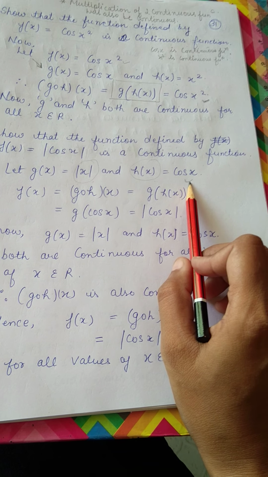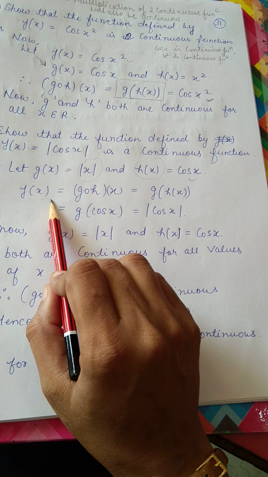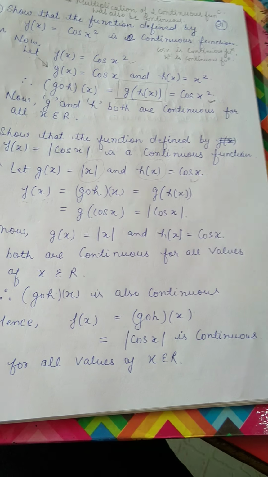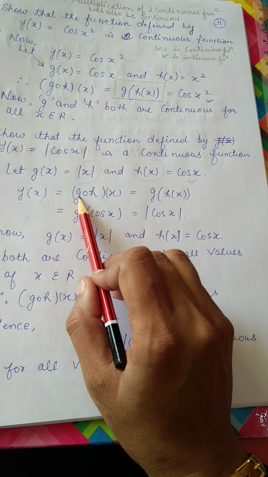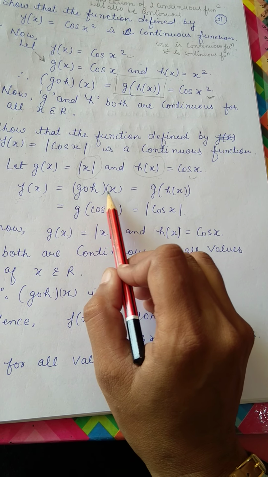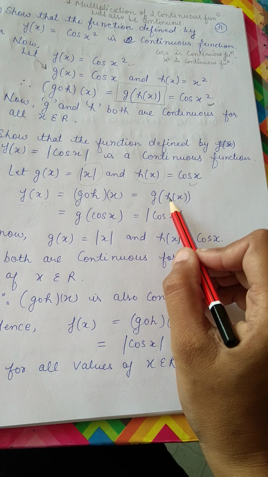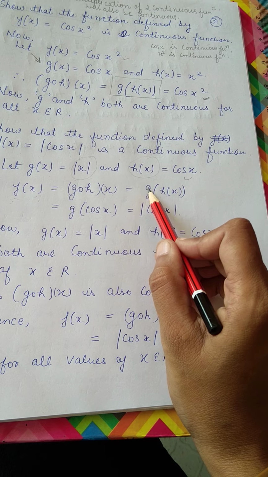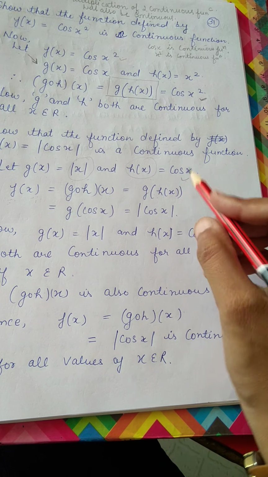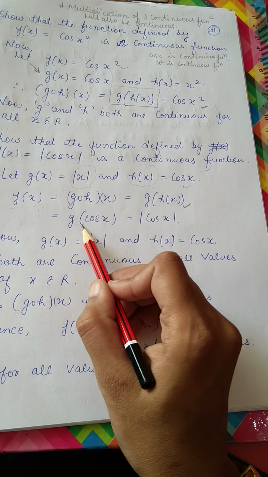Now we will write f(x) = (g∘h)(x), which means g of cos x.